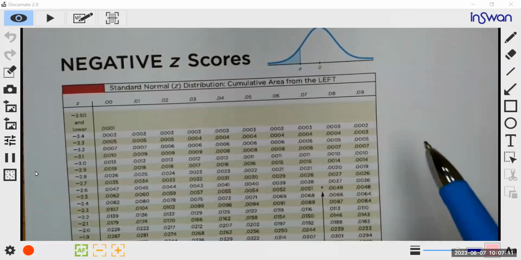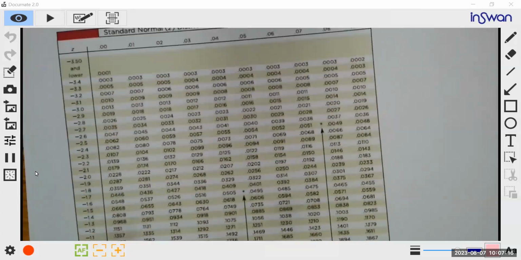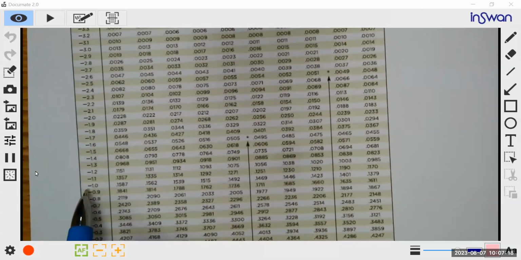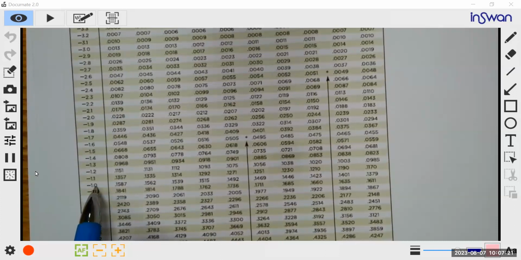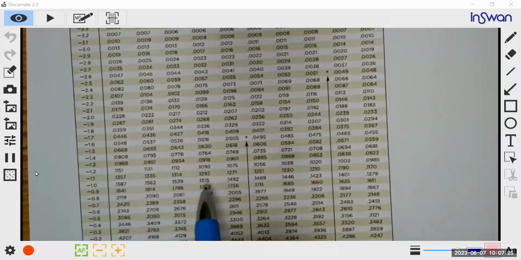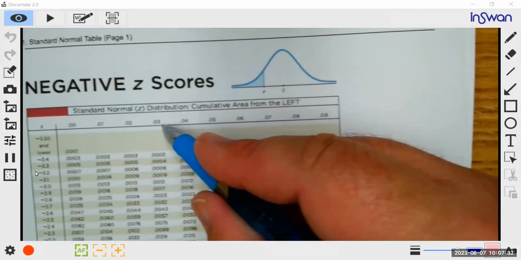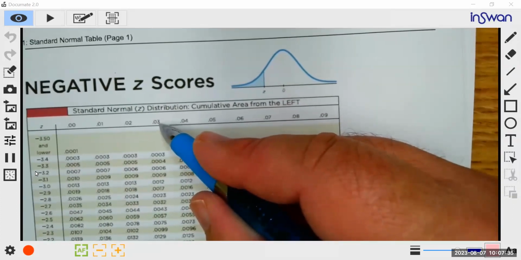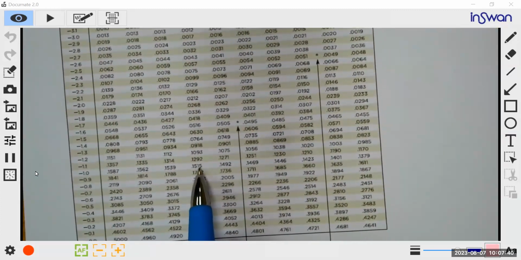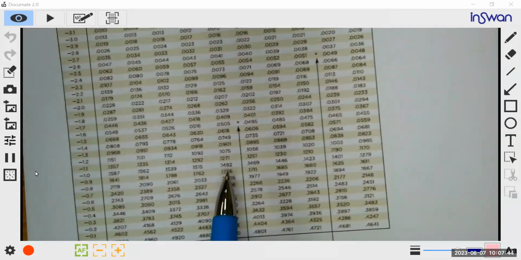So our number was negative 1.03. On this column, we go to negative 1.0, which is here. And then go over to 0.03. That's 0.00, 0.01, 0.02, 0.03. Because that one there is at 0.03. So that's negative 1.03. The answer is 0.1515.